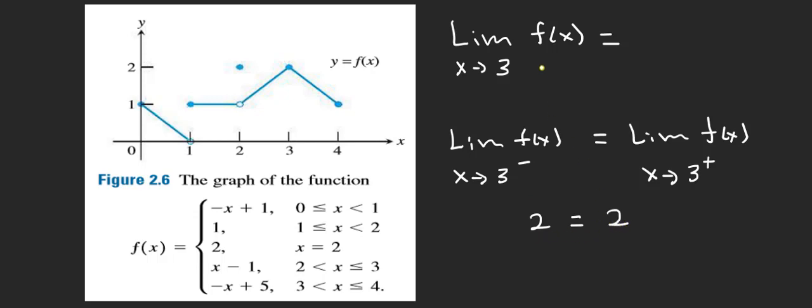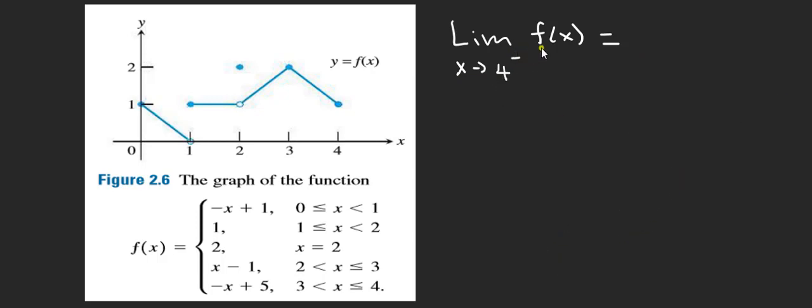So they're equivalent, so we do have a limit, which is 2. And what is f of 3? What is the value of y when x equals 3? Well, the closed dot is right here, so it's 2. So in this case, f of 3 and the limit of f of x as x approaches 3 are equal.